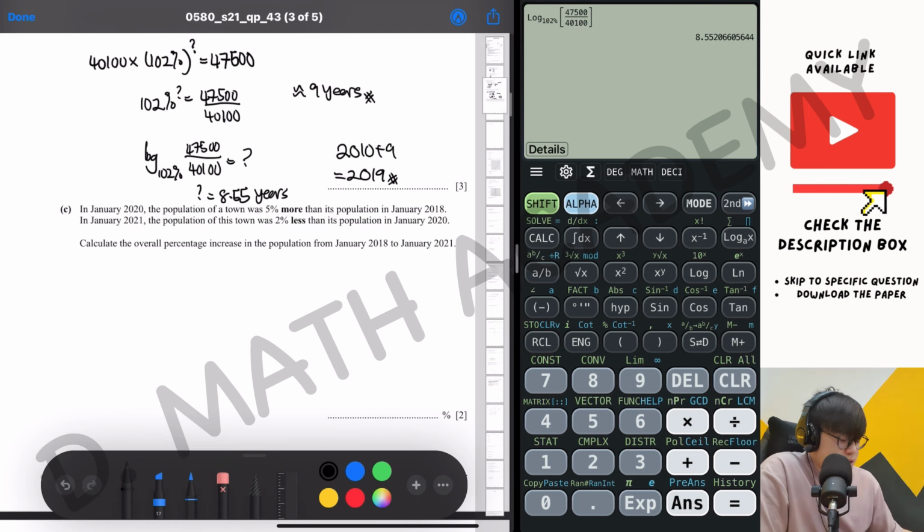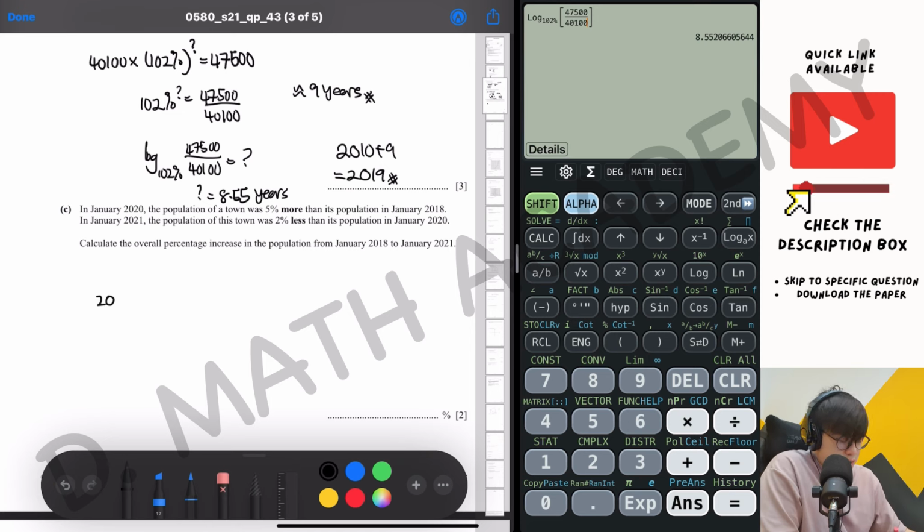In C, they say in 2020, the population of the town was 5% more than its population of 2018. In 2021 it is 2% less than 2020.